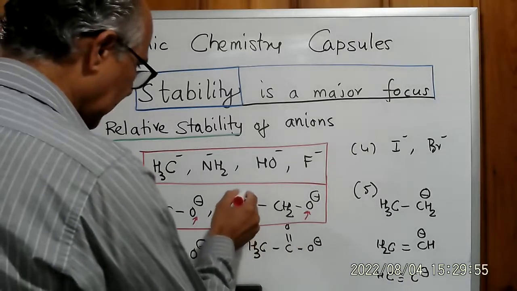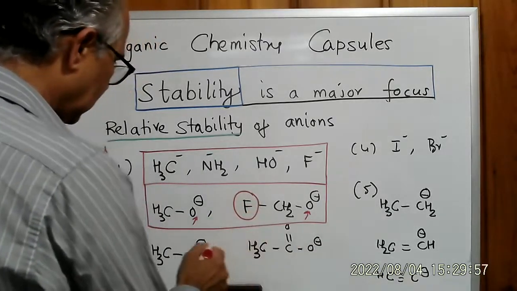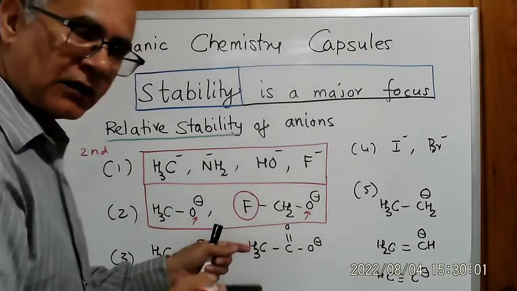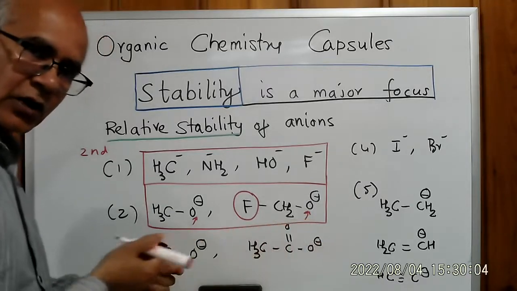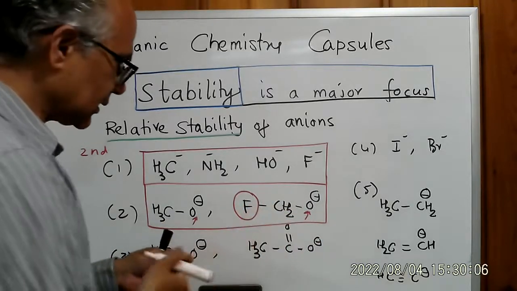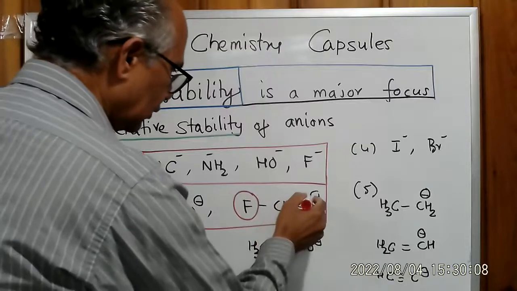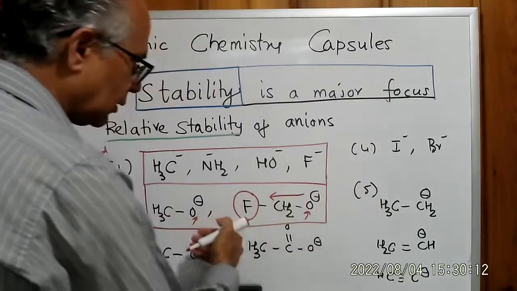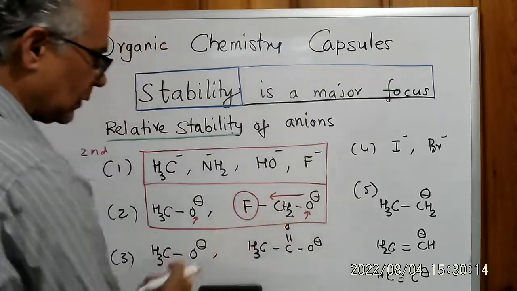Notice the extra fluorine here. There's no fluorines here, and you know fluorine is an electronegative element. It pulls electrons towards itself because it's highly electronegative. So this negative charge gets pulled over all these atoms towards fluorine.